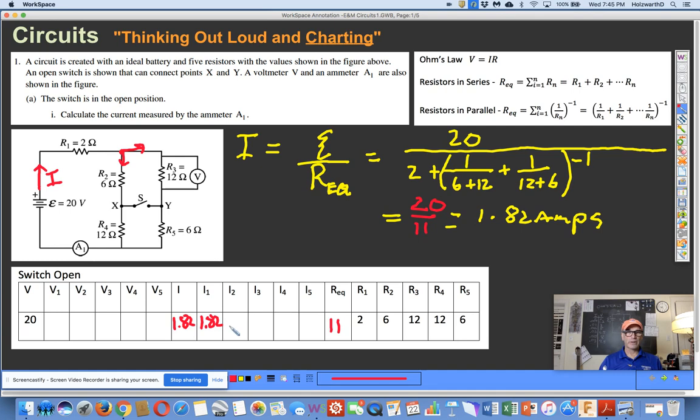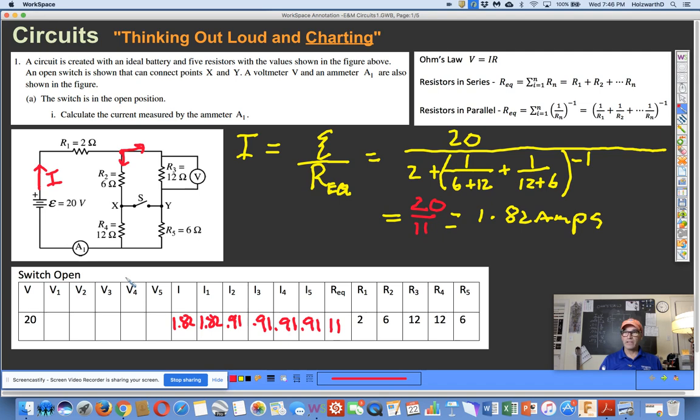So I guess we could round it up to 0.91. Okay, so 0.91 is going to be the current through R2, R3, I4 0.91, I5 0.91. So look at that.